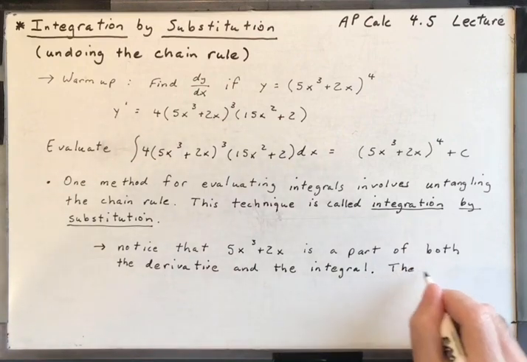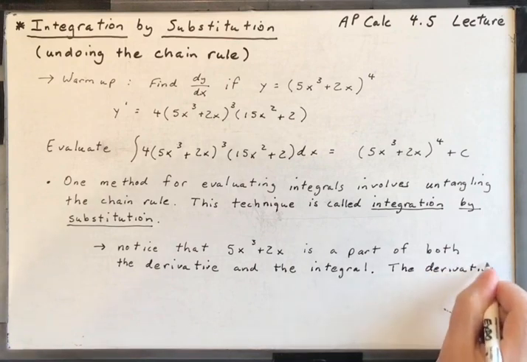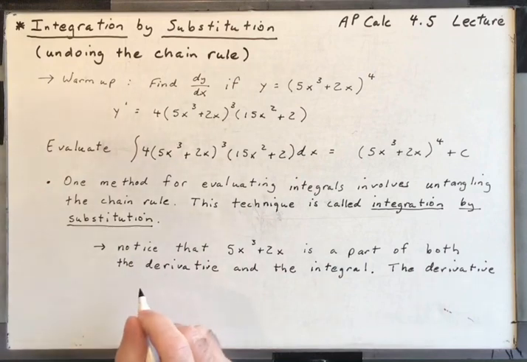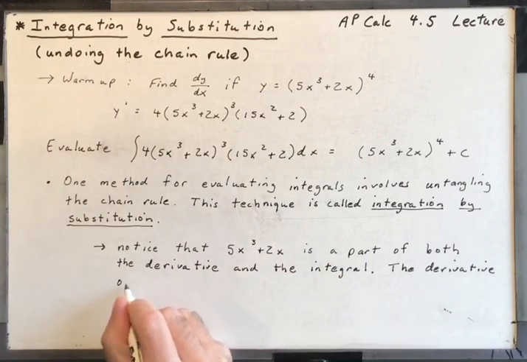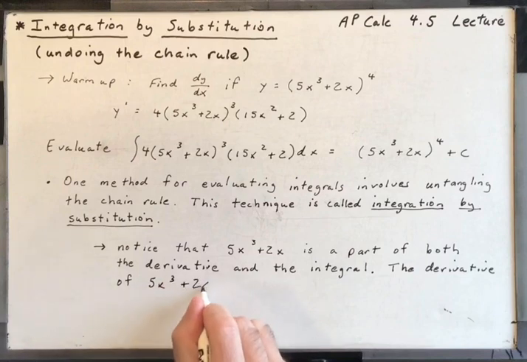And the derivative of 5x cubed plus 2x is also sitting in the problem.